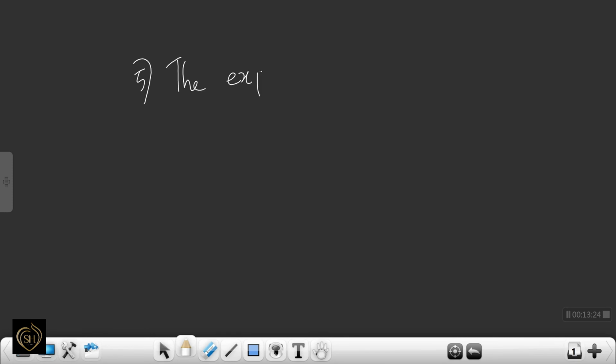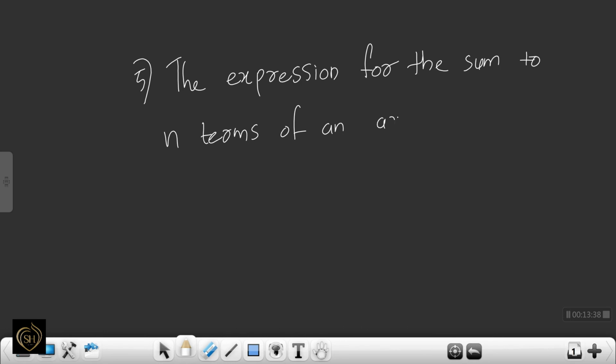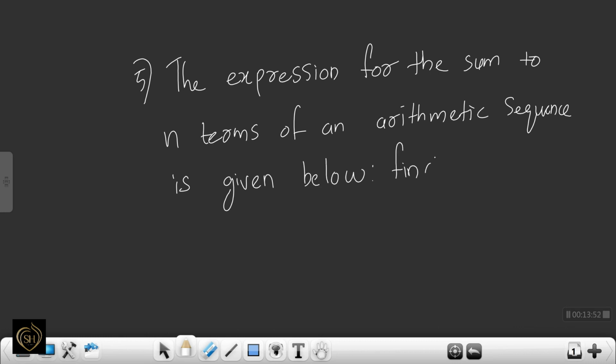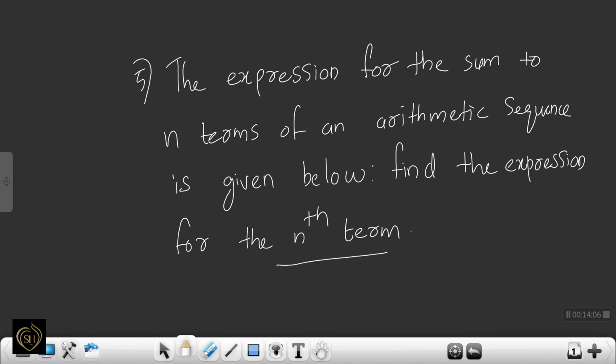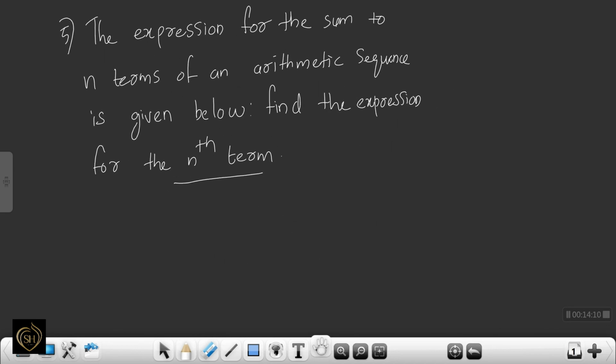Next question, question number 5. The expression for the sum to n terms of an arithmetic sequence is given below.